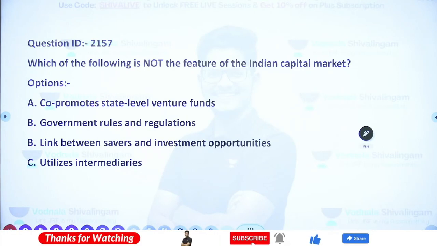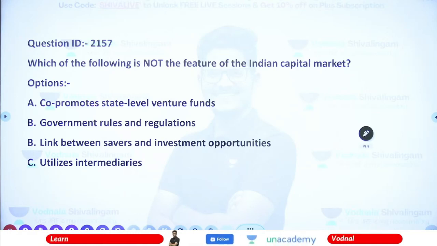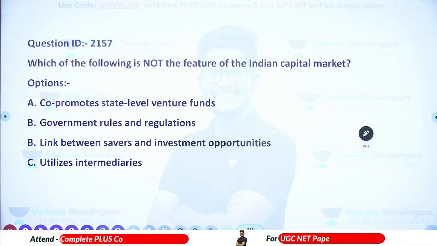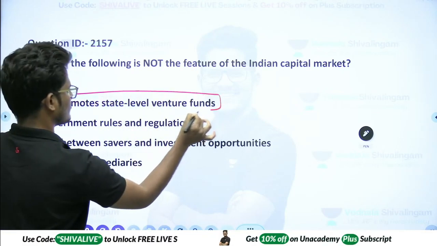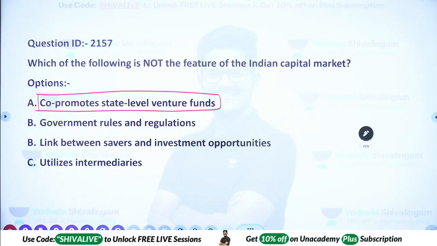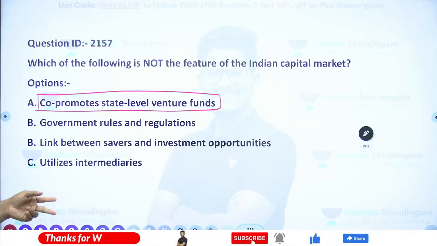Which of the following is not a feature of the Indian capital market? Co-promote state level venture funds.